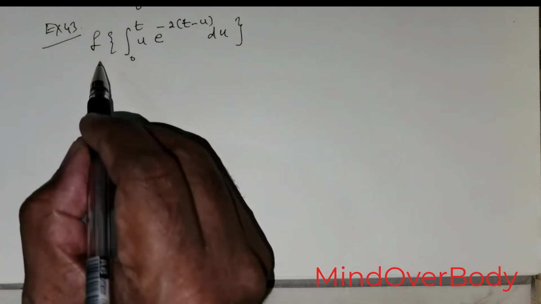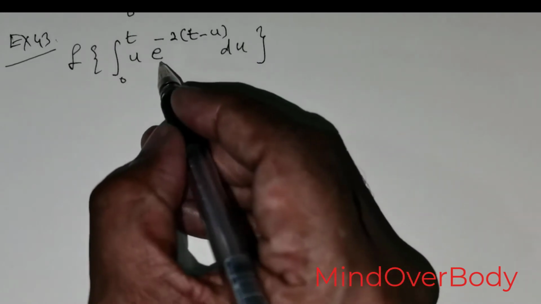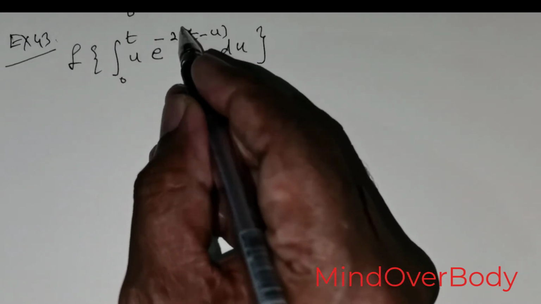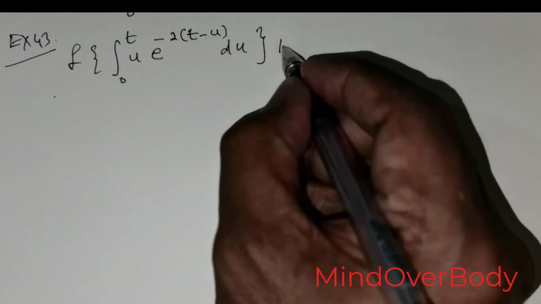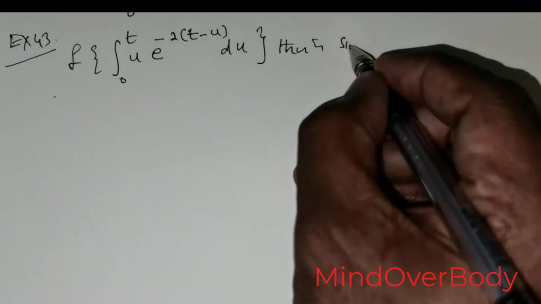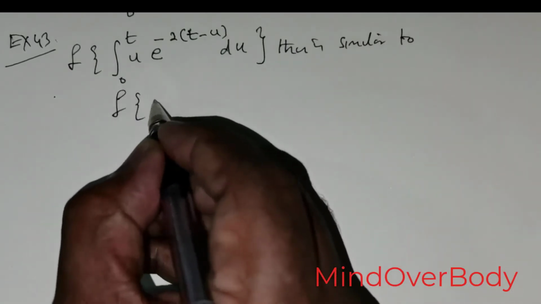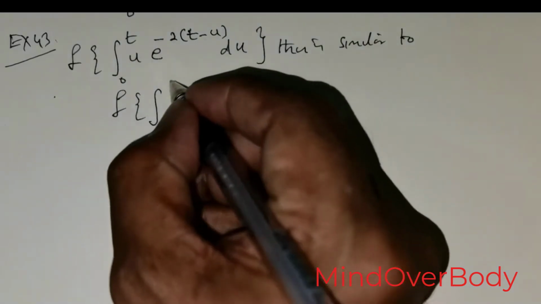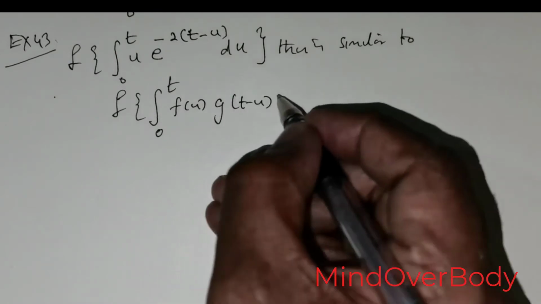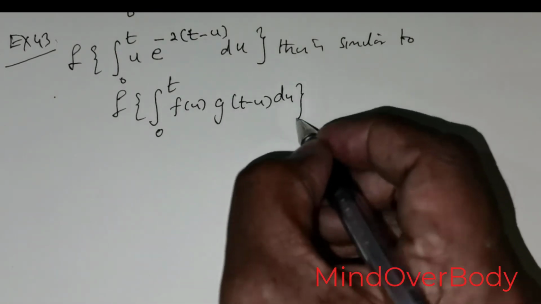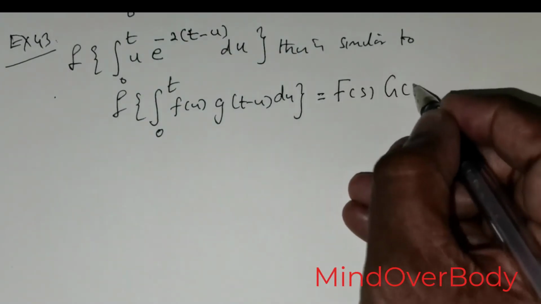Students, we are expected to find the Laplace transform of integral 0 to t u times e raised to the power of negative 2 times (t minus u) du. Now this is similar to, let me write that down, finding the Laplace transform of integral 0 to t f of u times g of t minus u du, which is nothing but F of s times G of s.